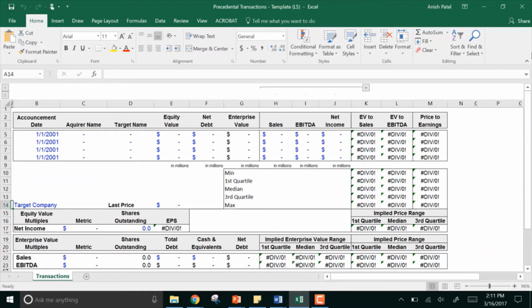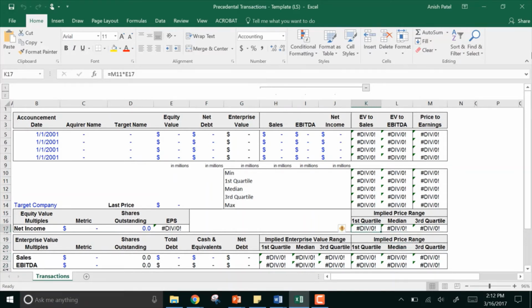For your target company, you'll be just taking the performance metrics, which then you would apply to get your implied price range. So I would be looking at a net income for the price to earnings multiple, and for the enterprise value multiples, I would be looking at sales and EBITDA, and then creating my implied price ranges based on that.